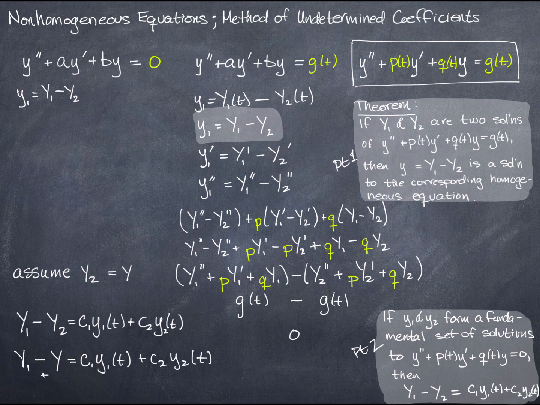So I'm just going to keep y1. But then I'm going to add Y to both sides of this equation. And that's going to give me y1 equals c1 y1 of t plus c2 y2 of t, plus big Y of t, where Y, with no subscript on it, is a particular known solution to the non-homogeneous equation, and y1 is any other known or unknown solution.